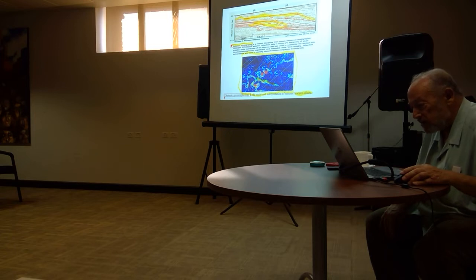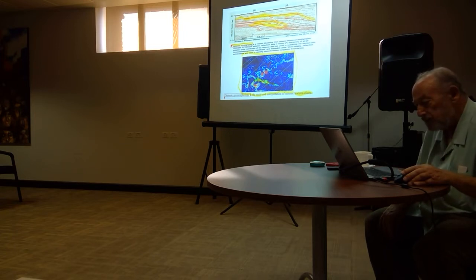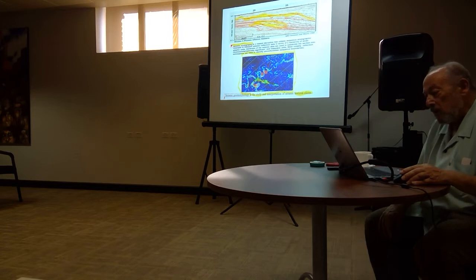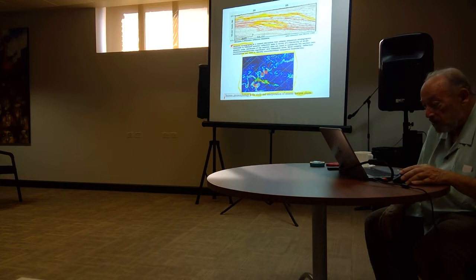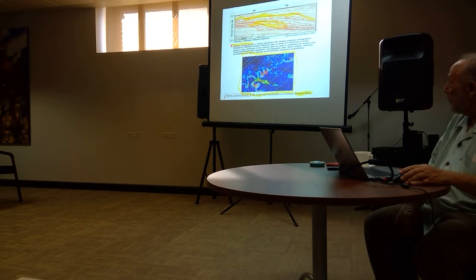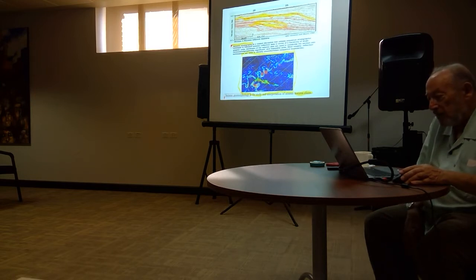If you can see this, there's one meandering river system coming down like this. And then you've got another one that's crossing like that.